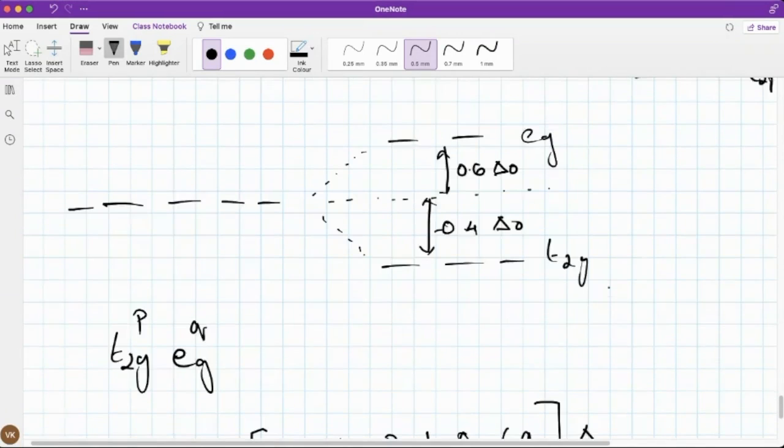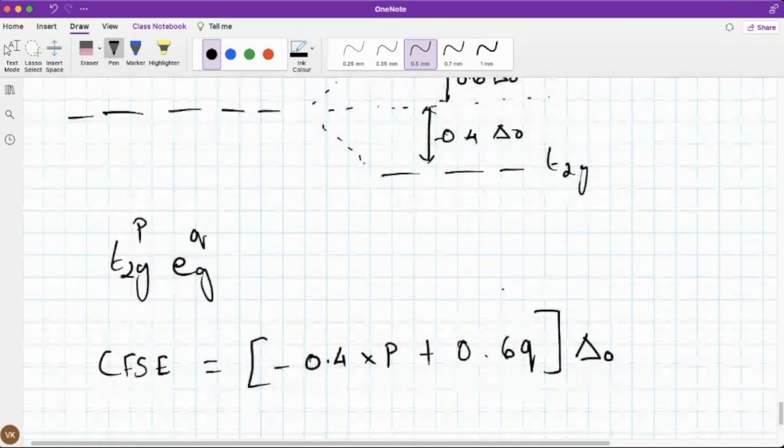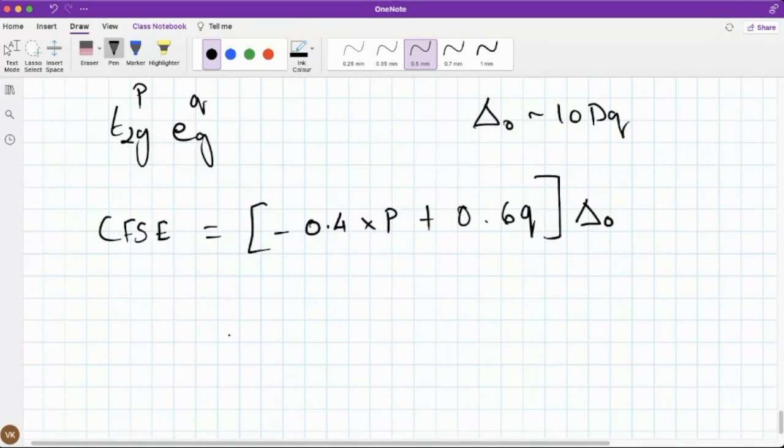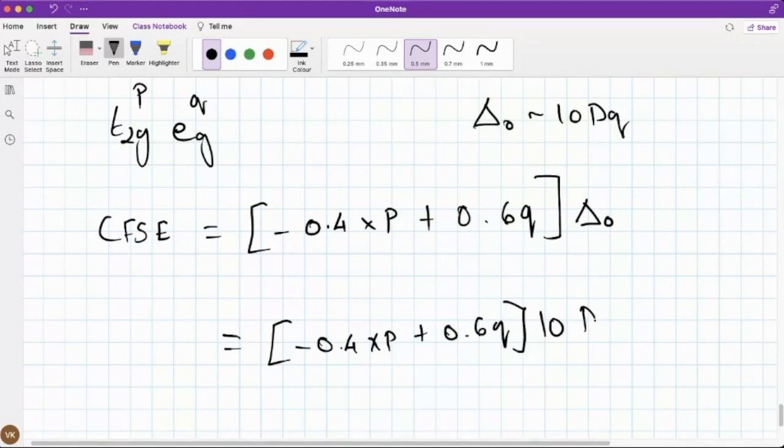If you remember, I also told you delta naught can be replaced by 10 Dq as well. So I can express the same thing in 10 Dq: minus 0.4 into P plus 0.6 into Q times 10 Dq.